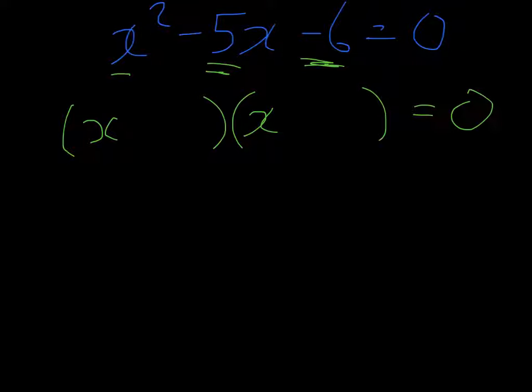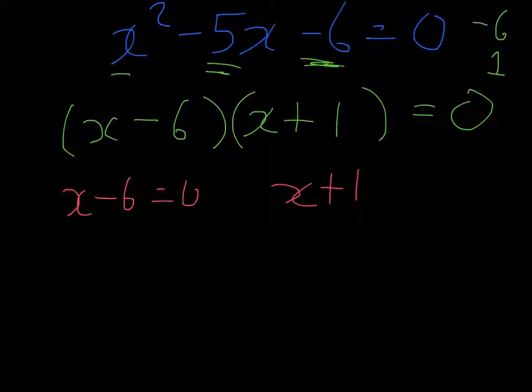I know off the top of my head that those 2 terms are going to be -6 and +1. -6 times 1 is -6, and -6 adding on a +1 is -5. So our quadratic equation will look like this. Then we're able to solve it, letting both sides equal 0. So x take 6 equals 0, and x plus 1 equals 0. Therefore, the solutions are x equals 6, or x is equal to -1.